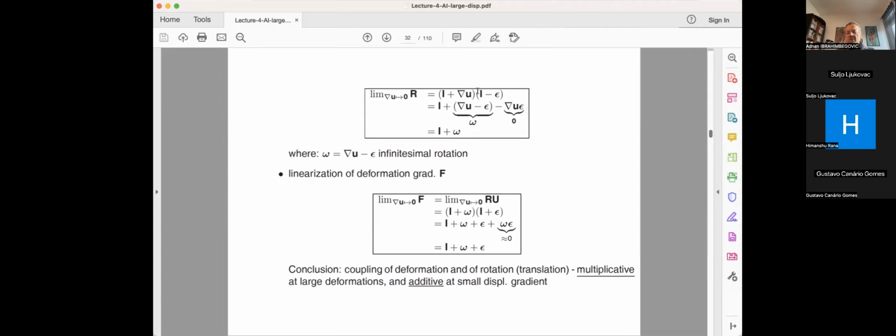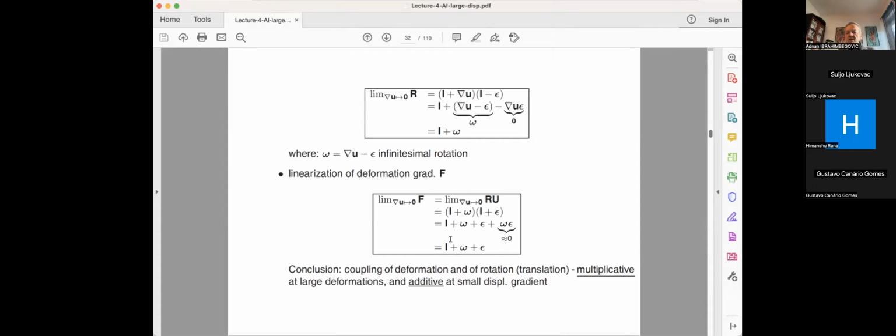The coupling between rotation and deformation, you can see it in the polar decomposition, is very tight. It's multiplicative. As opposed to the small displacement, where you can actually have additive coupling, because this linearizes to 1 plus omega, this to 1 plus epsilon. You develop this and you neglect the higher order terms, the product of omega and epsilon being much smaller than 1.